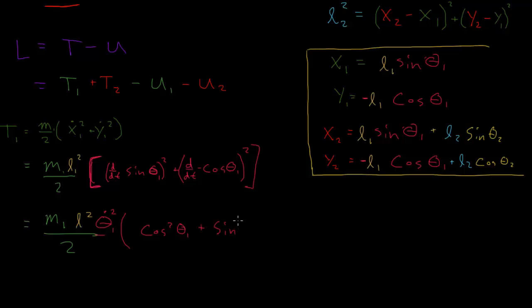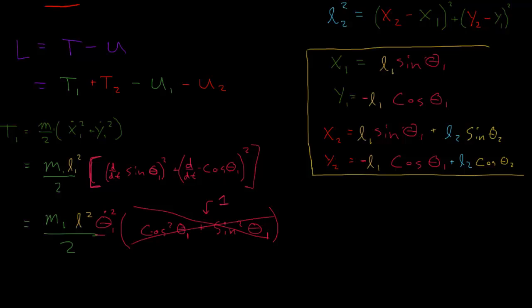So plus sine squared theta 1. Cosine squared plus sine squared. Does that look familiar at all? Well, it turns out it's just 1. That's the Pythagorean identity for these trig functions. So we can just not pay attention to this. This is just 1. So T1 doesn't look too bad, and this is actually what we got in the other video with just a single pendulum.